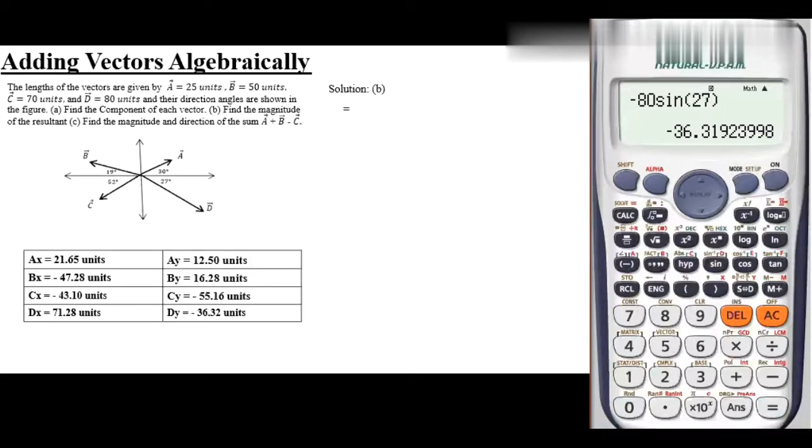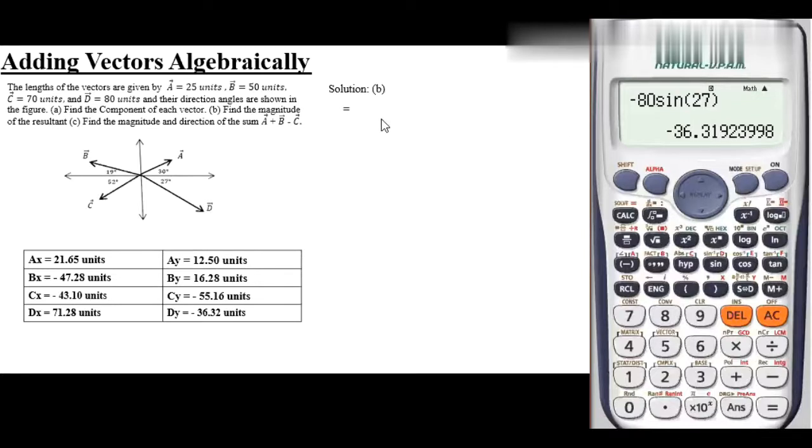Next, for problem B, find the magnitude of the resultant. Ngayong nakuha na po natin yung components ng A, B, C, and D. Ngayon, para makuha natin yung kanyang magnitude, we need to get the sum of all the vectors along the x-axis and the sum of all the vectors along the y-axis.